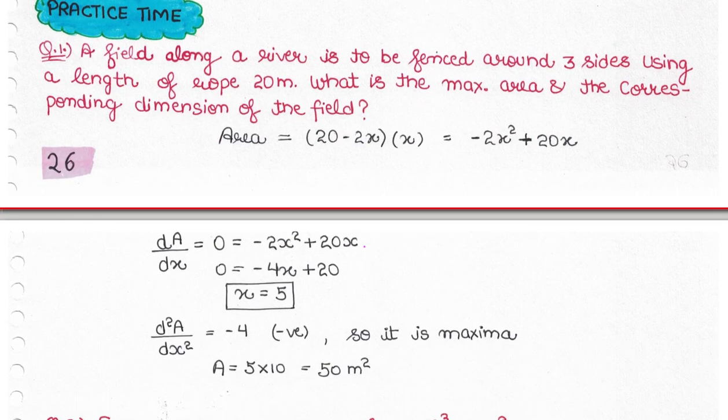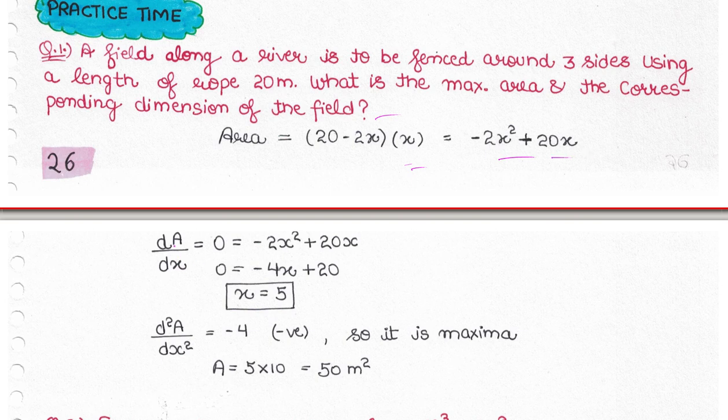Now if a field along a river is to be fenced around 3 sides using a length of rope 20 meter, what is the maximum area and the corresponding dimension of the field? So the area is (20 minus 2x) into x, that is minus 2x square plus 20x.